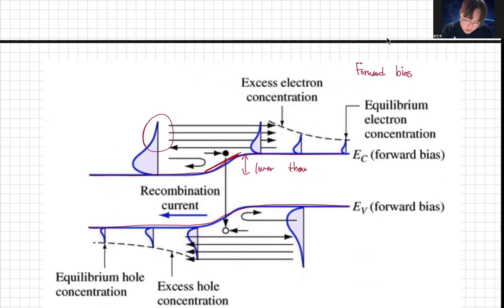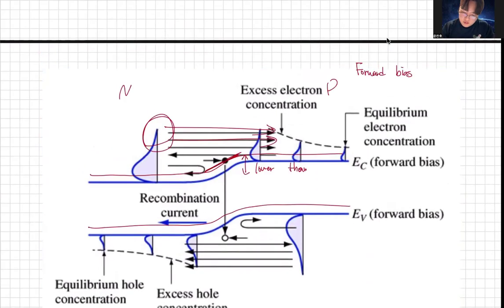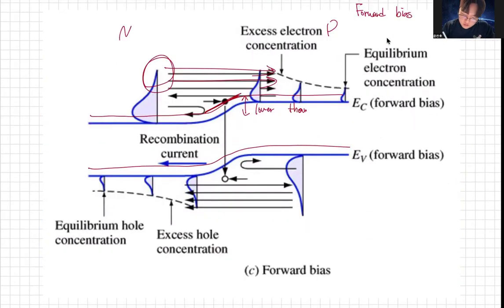So the excess carrier electrons can move to the p side, and also the excess hole carriers can move to the n side.